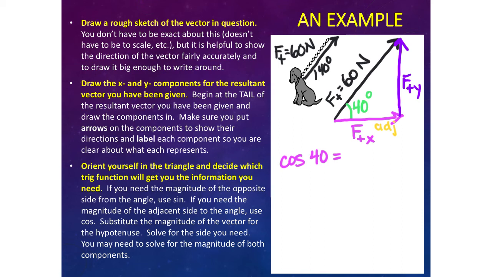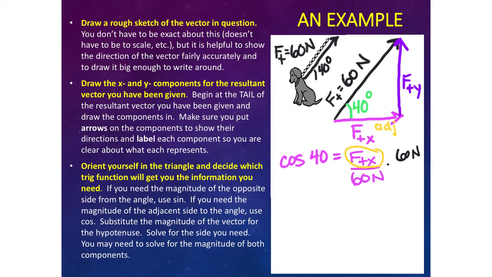So cosine 40 equals ftx divided by the hypotenuse, which is 60 newtons. That's your adjacent side, ftx, divided by the hypotenuse. That's cosine. And if I want then to solve for ftx, I need to multiply both sides by 60 newtons.